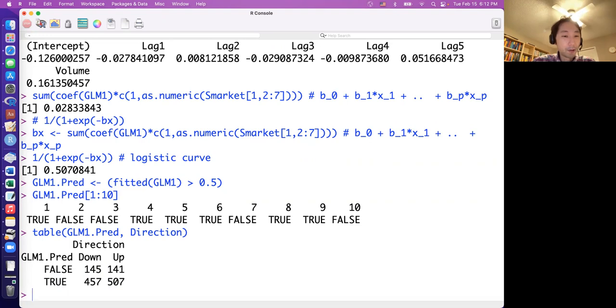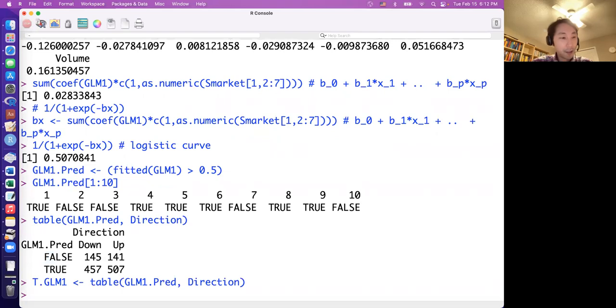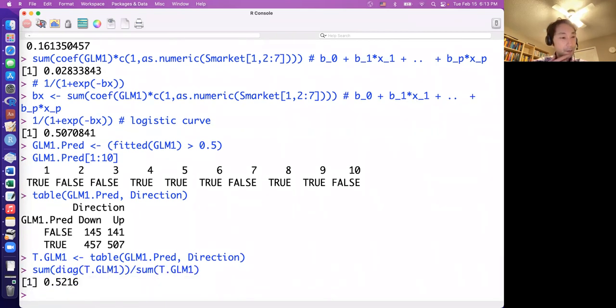Yeah, maybe we name this table as t.glm1. Then we can see the accuracy is this one divided by the sum of t.glm1. Maybe you can even write the diagonal term of t.glm1, then take summation of diagonal terms.